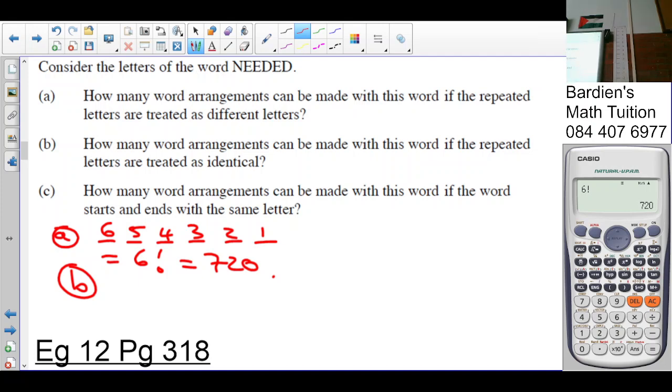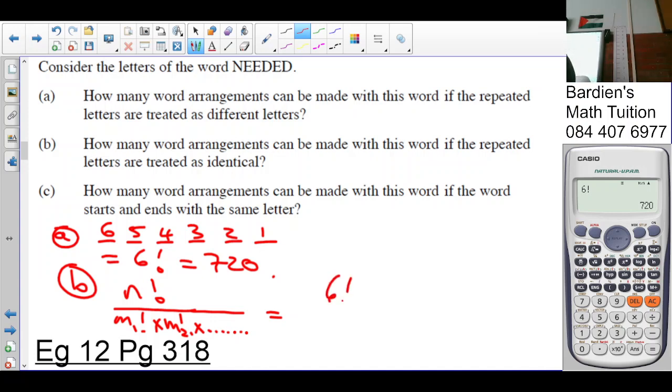So that would simply be n factorial over m1 factorial times m2 factorial times m3 factorial all the way to the end. So n is the number of letters there are, which is 6.